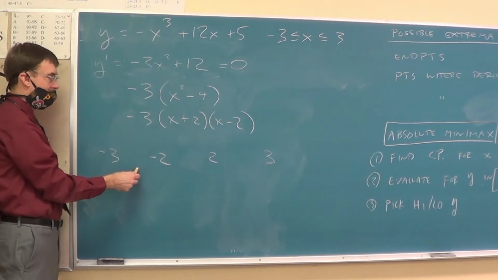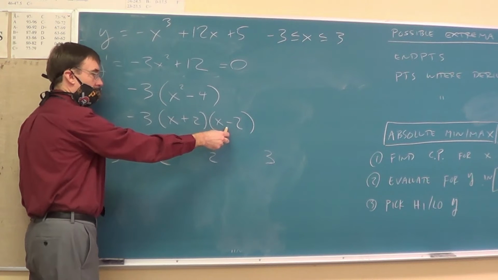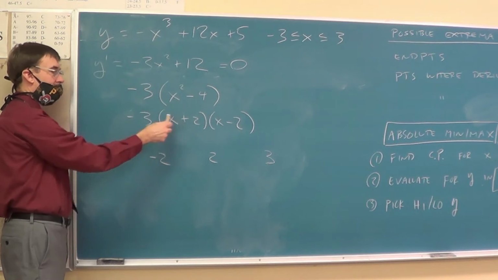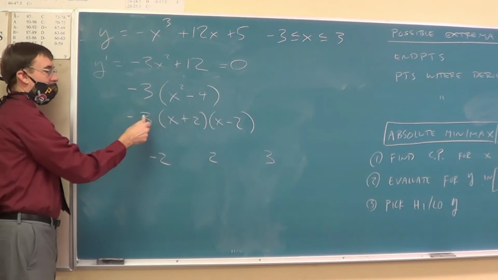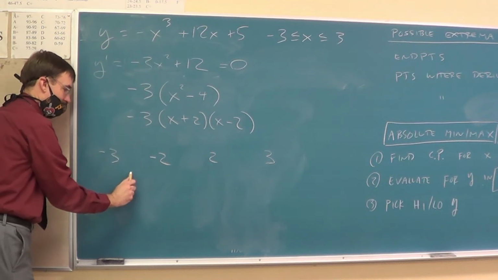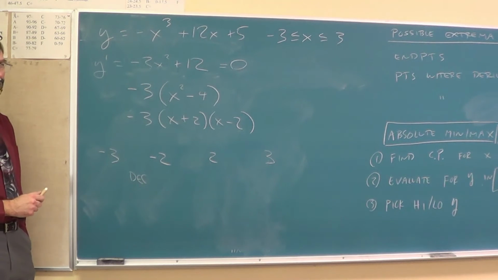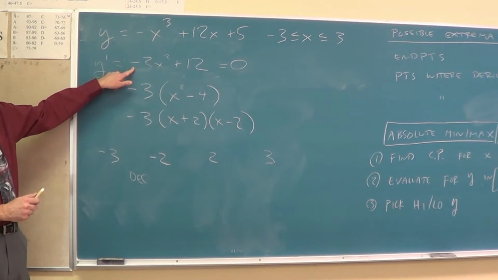So if we're imagining negative 2.5, this piece would be negative, this piece would be negative, and this piece is locked in as a negative. Negative times negative times negative, a triple negative, is negative. That's a zone where we're decreasing. Does that make sense? I think it's easier to plug into factors than it is that.